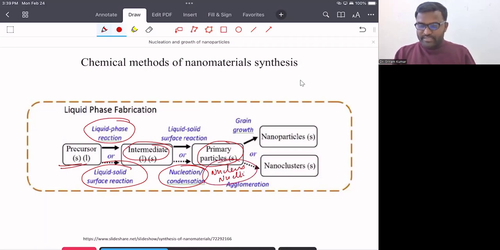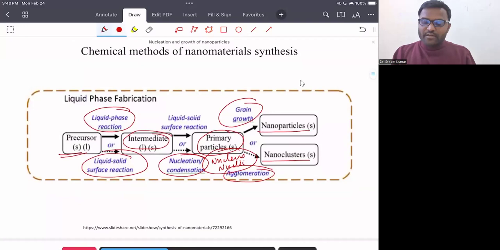Once the nucleation process has started, there is a further process: either the growth process happens or the agglomeration process happens, and based on that we will have nanoparticles or nanoclusters. So it depends on the mechanism, either growth or agglomeration, and we get nanoparticles or nanoclusters.